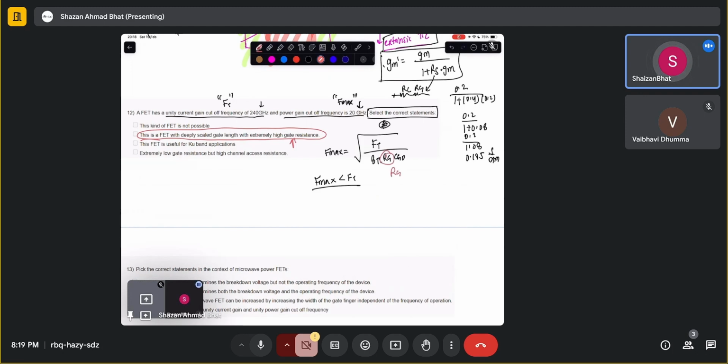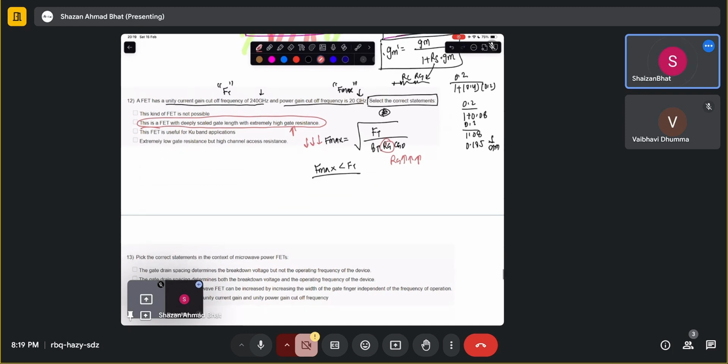If this factor goes high, this factor will reduce drastically. That is what you see: the Ft is basically much greater than F max here. One way that can occur is that gate resistance is huge. Another factor can be if CGD is huge, but this is not given in the question. So this particular statement seems to be looking good.